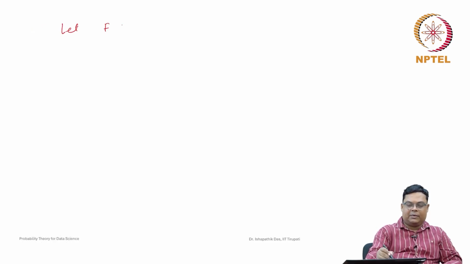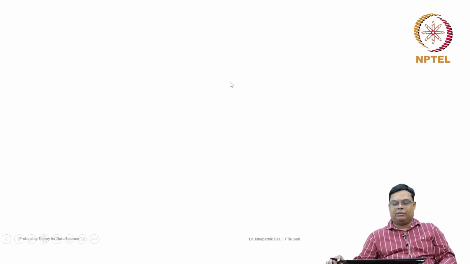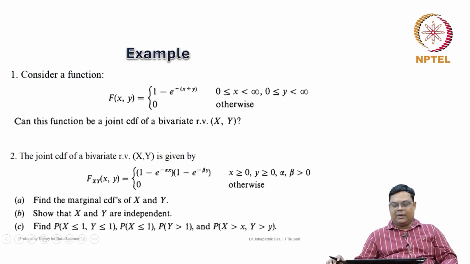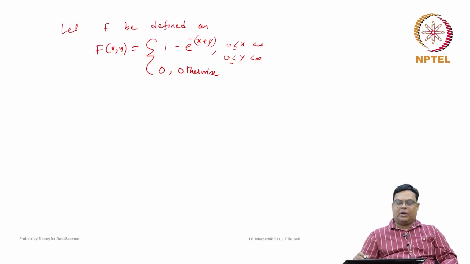Let F be defined as F(x, y) equal to 1 minus e to the power of minus (x plus y), whenever x is greater than or equal to 0 and less than infinity, y is greater than or equal to 0 and less than infinity, and 0 otherwise.